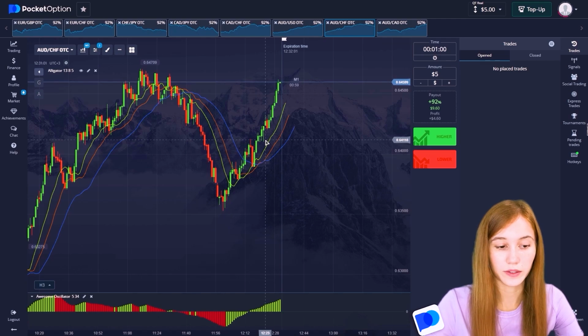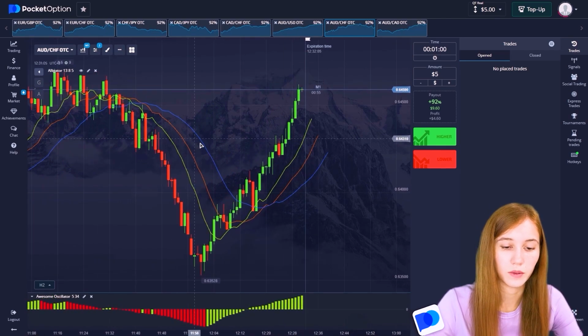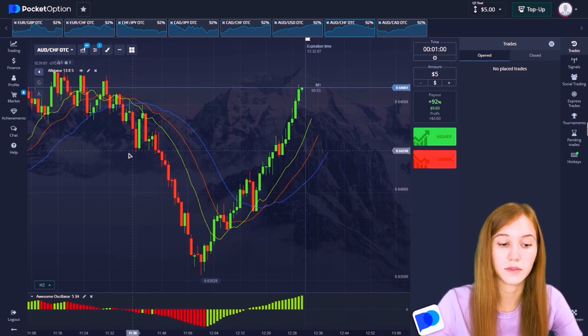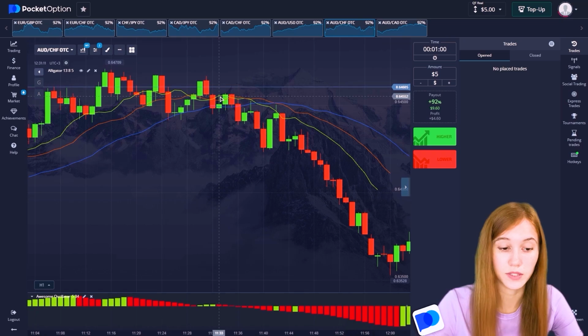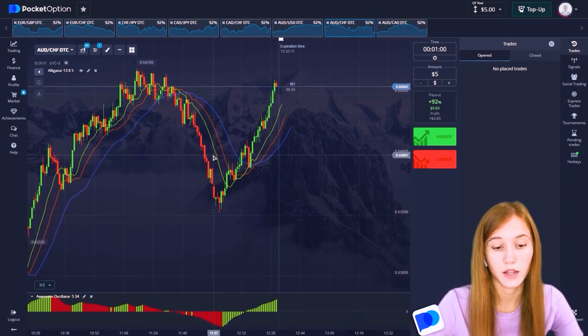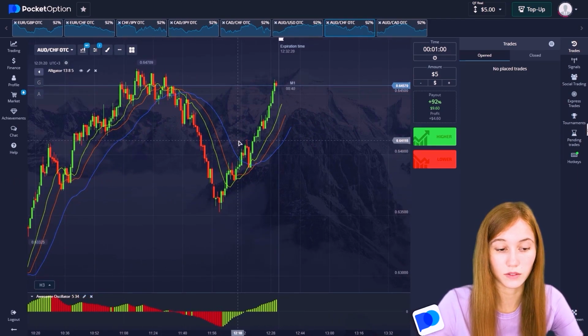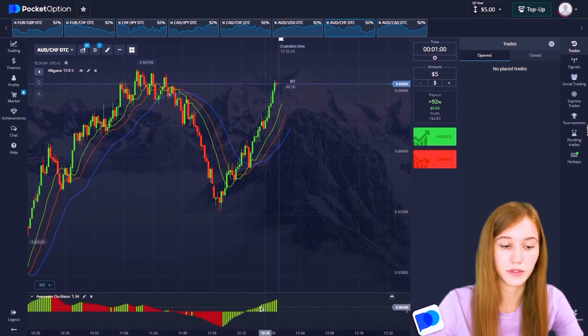It shows when the market is flat, when the market is in momentum, and when the impulse begins and ends. The green moving average dominates in an upward trend, blue in a descending one. Red is the average between the two moving averages, and when price crosses one of the lines, this is a signal for a trend change. It's very important.